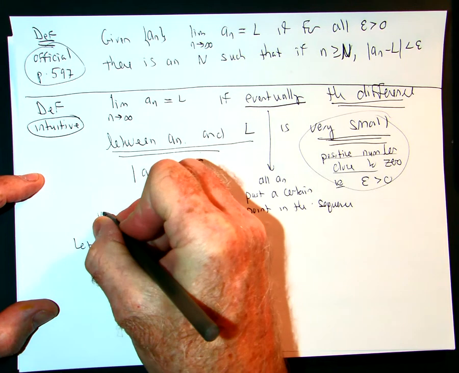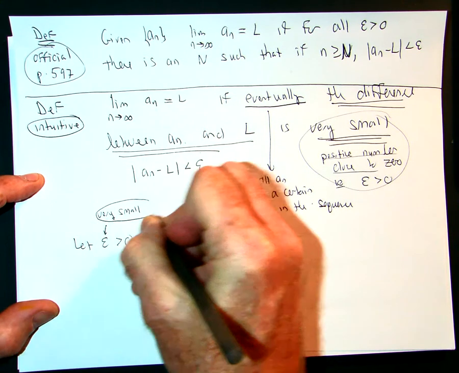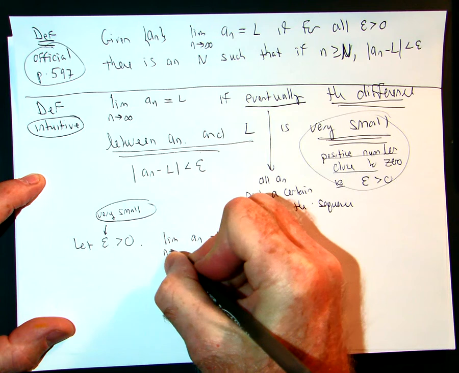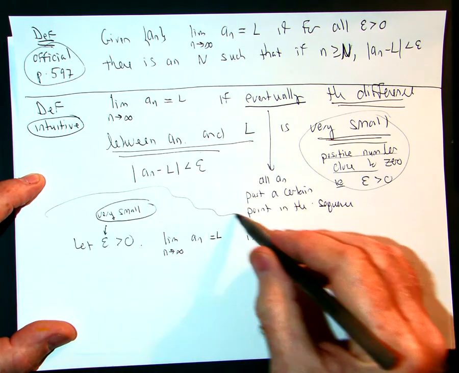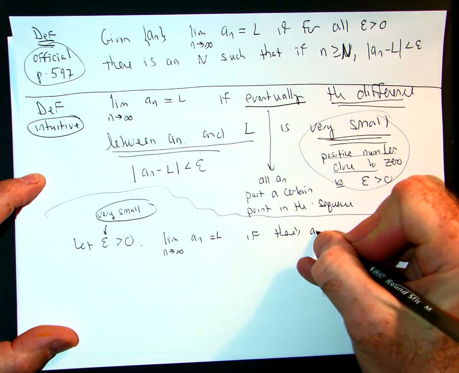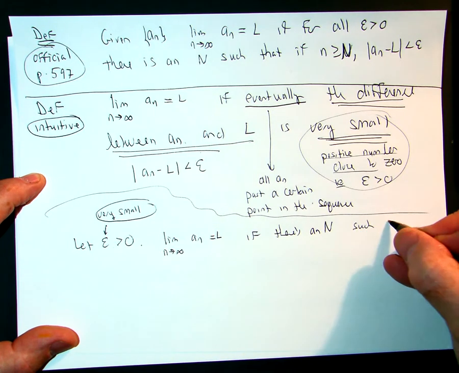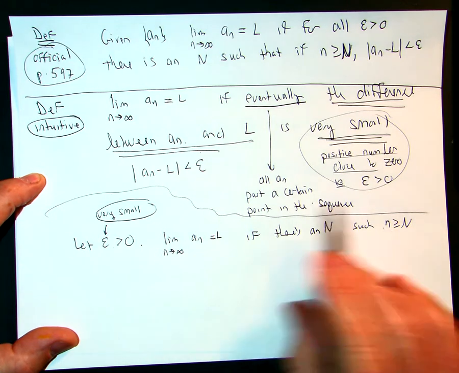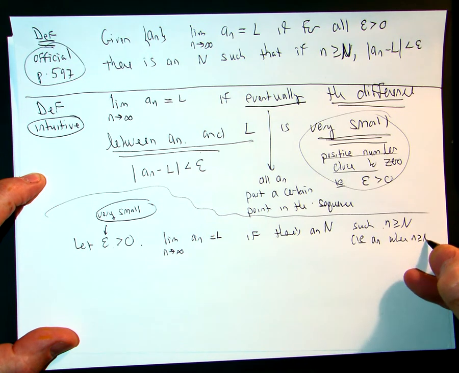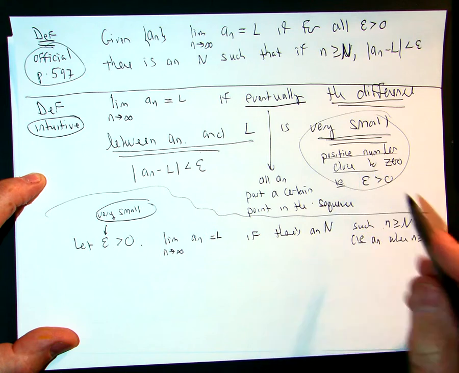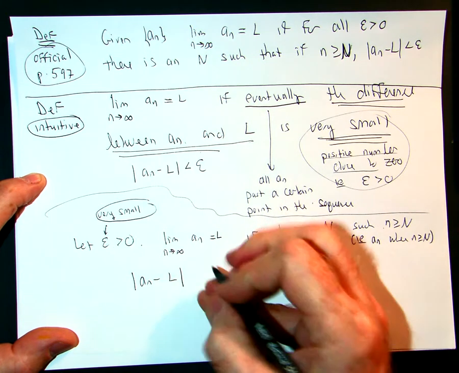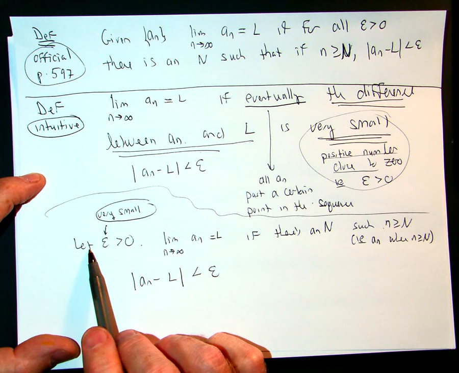The limit of a_n equals L if eventually, if there's an N such that n greater than N, so all a_n past a certain point, we're saying i.e. a_n, where n is greater than N, the difference between a_n and L is very small.